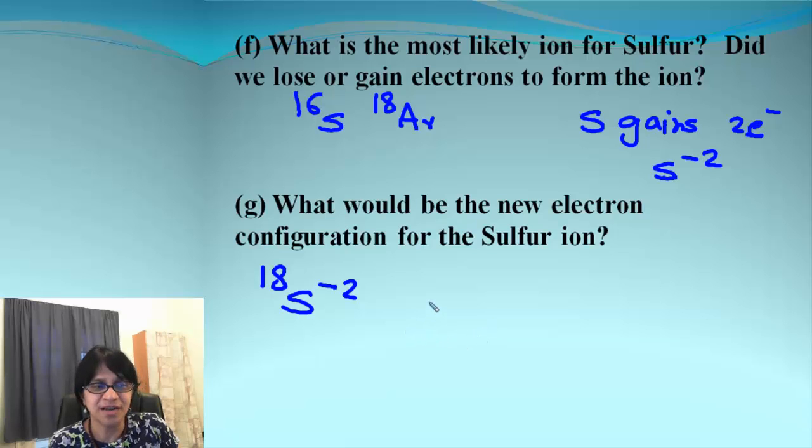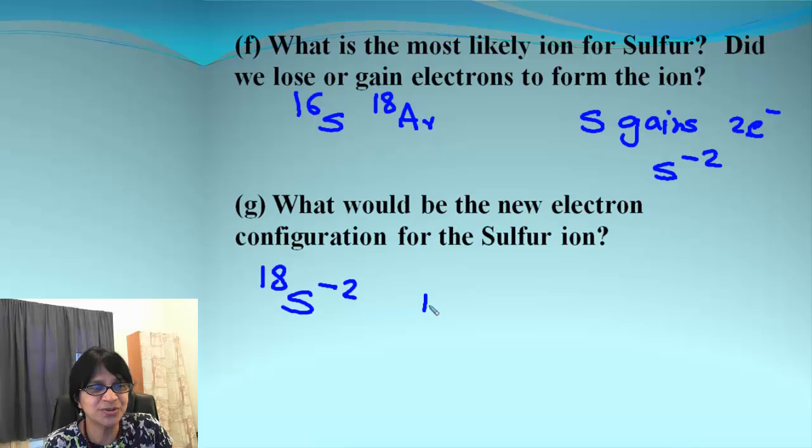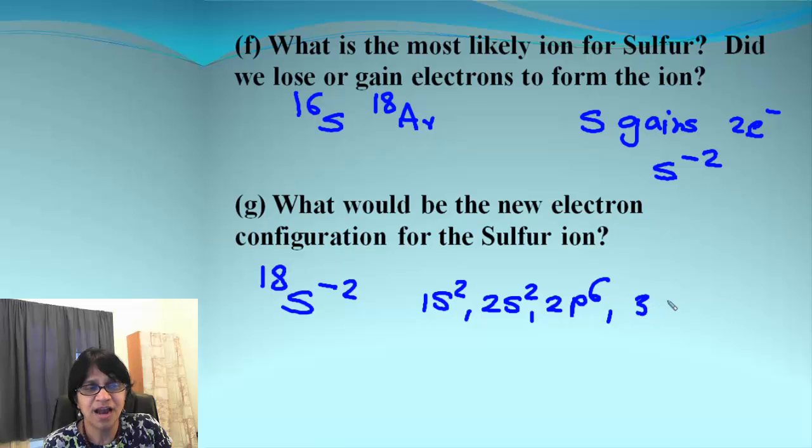So how do you get the configuration? 1s2, 2s2, then 2p6, 3s2, and the sulfur atom was 3p4, but now with 2 extra electrons going in the p orbital, we get 3p6.